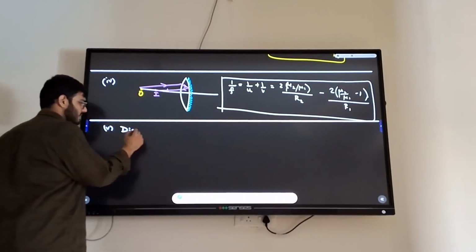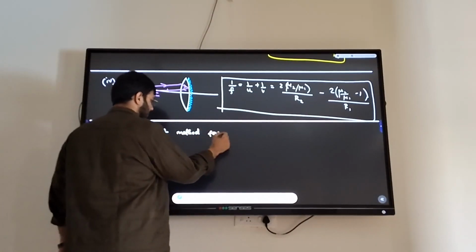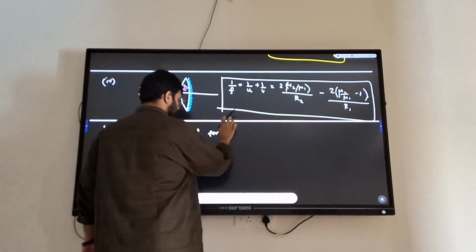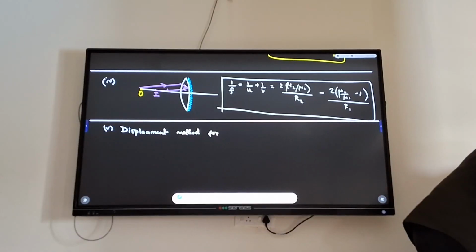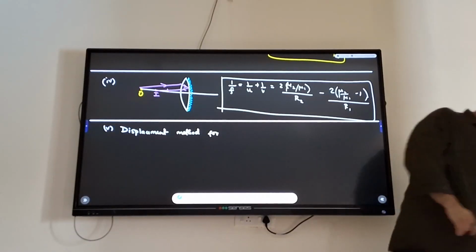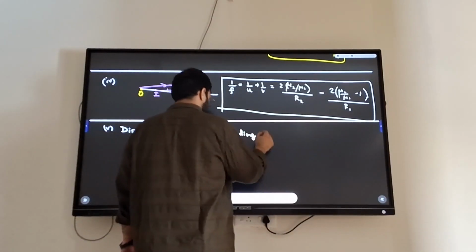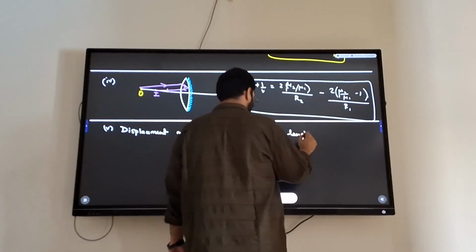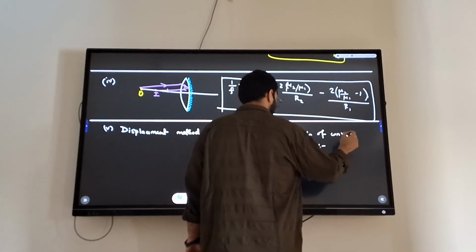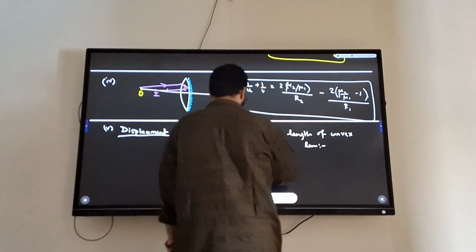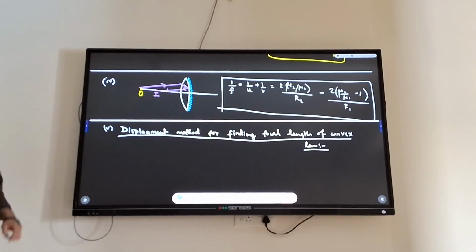Write with me: displacement method for finding the focal length of the convex lens. Now listen to this very carefully.